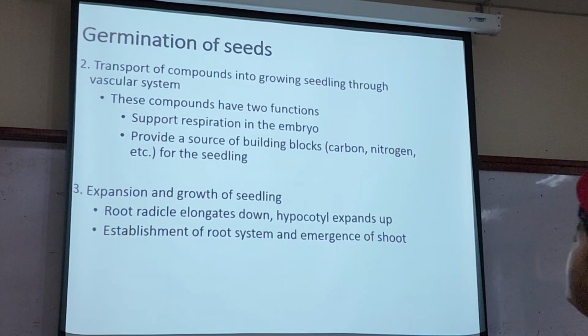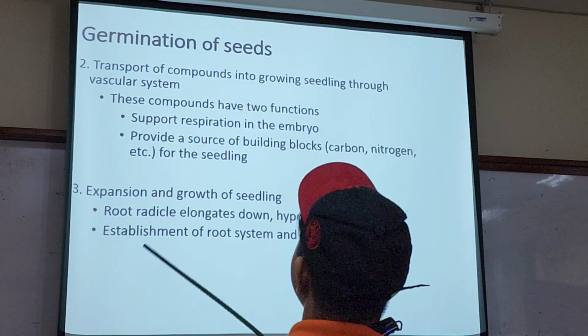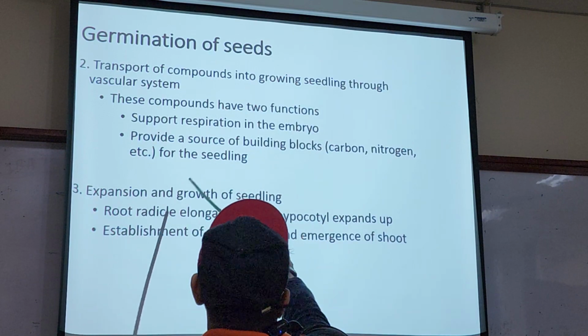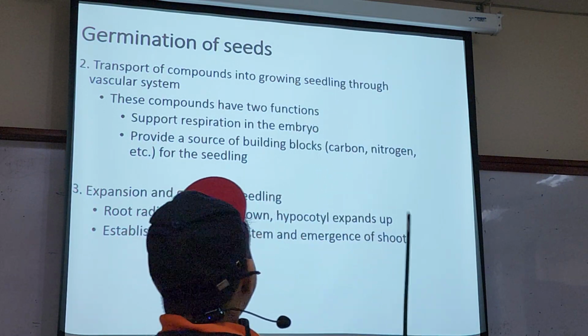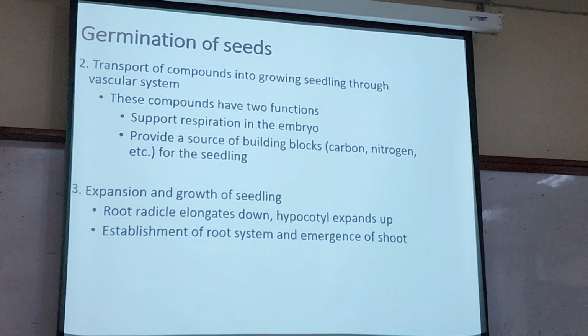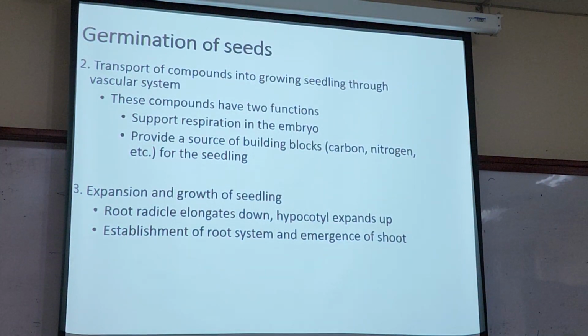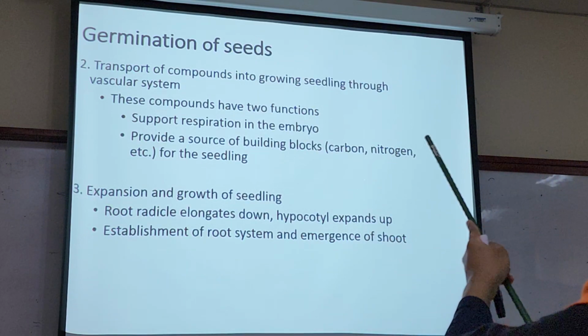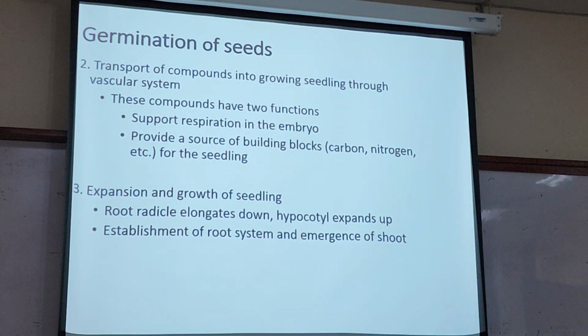Okay. And germination of seed, transport a compound into the seedling. These compounds have to function, support respiration in the embryo, and also to provide the building blocks. The embryo needs energy. In order for it to need energy, it needs to do respiration. So that's why it needs ATP, phosphate, precursor and so on.